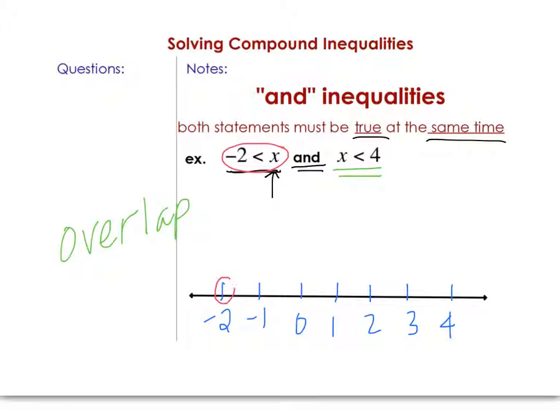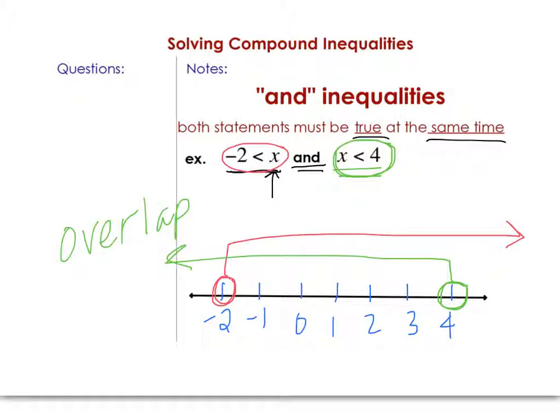It's going to be an open circle at negative 2, and I want all the x's bigger than negative 2. My next graph I'm going to make green, and that's x is less than 4. So I have an open circle at 4, and I want all the x's less than 4.